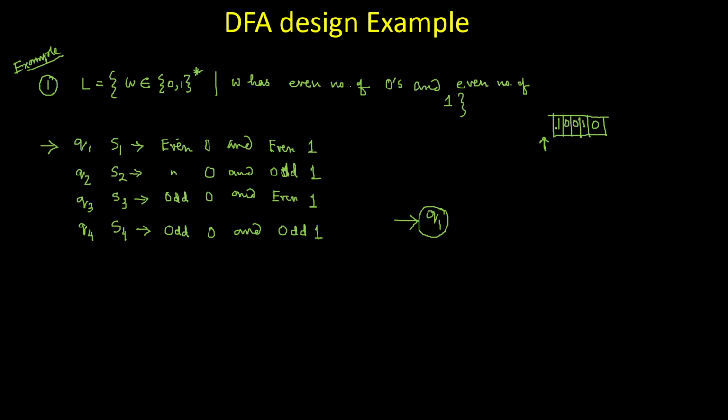So from Q1, on 1, it will go to the state of even number of 0s and odd number of 1s, that is Q2.